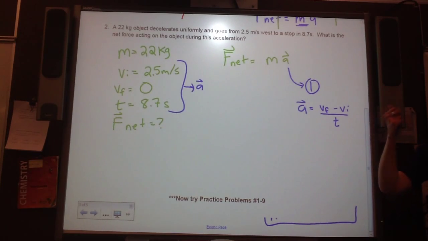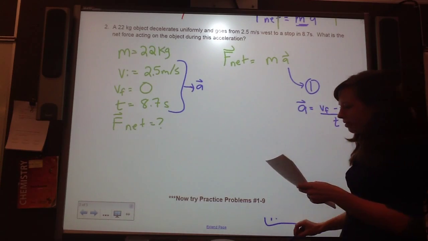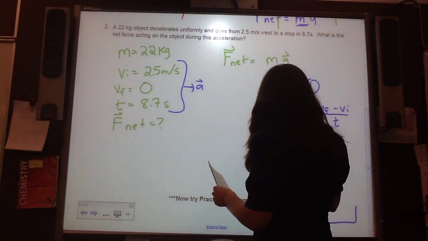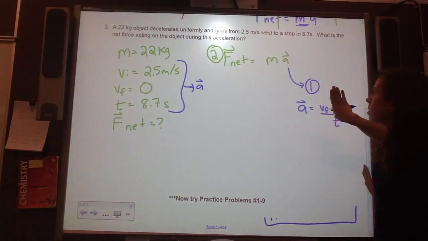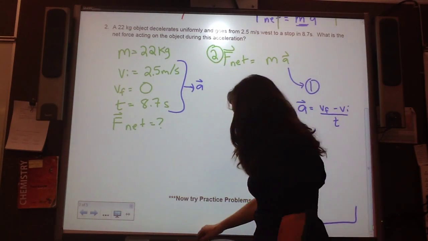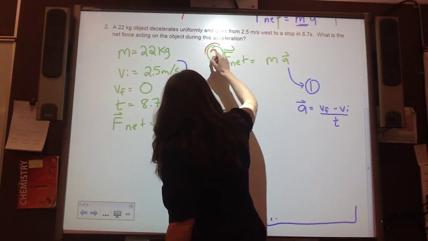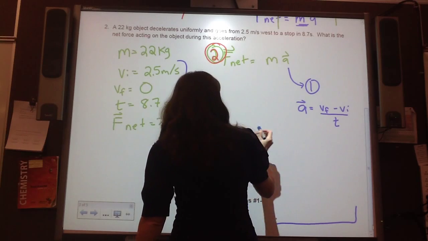Well, I had my VF, my VI, and my t, so my acceleration formula that works is this one. Once you have found a, then you can use this formula. So this is the first step, and that's the second step. I'm going to use red for number 2.